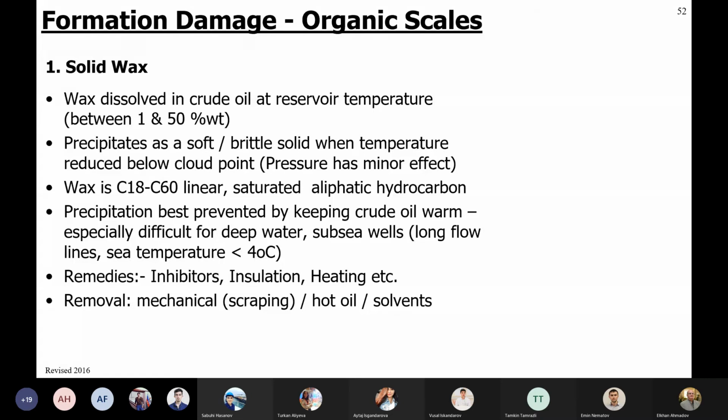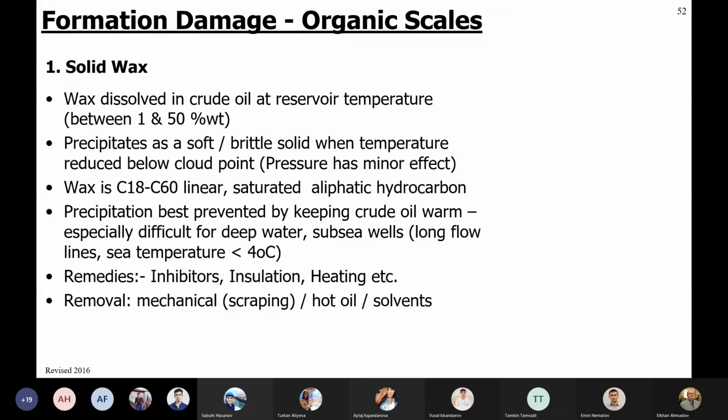Also the formations are usually colder than the reservoir temperature. So in subsea wells, again, long flow lines, sea temperature, etc. Therefore, it's difficult for deep water. It might be electrical warming, but anyway, it's costly and quite technically difficult.